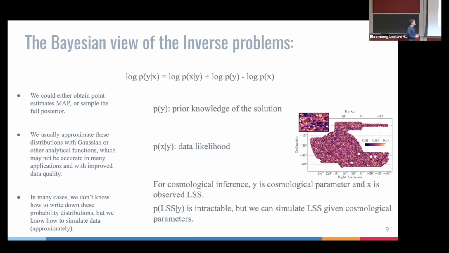In the large-scale structure inference, we know how to write down the prior: just a uniform prior on the cosmological parameters. But the likelihood function is more complicated. If you do the two-point analysis, you can approximate that with a Gaussian. But with non-Gaussian statistics or field-level analysis, your likelihood function is really a very high-dimensional non-Gaussian distribution. We don't really know how to write it down, but we can simulate the large-scale structure.